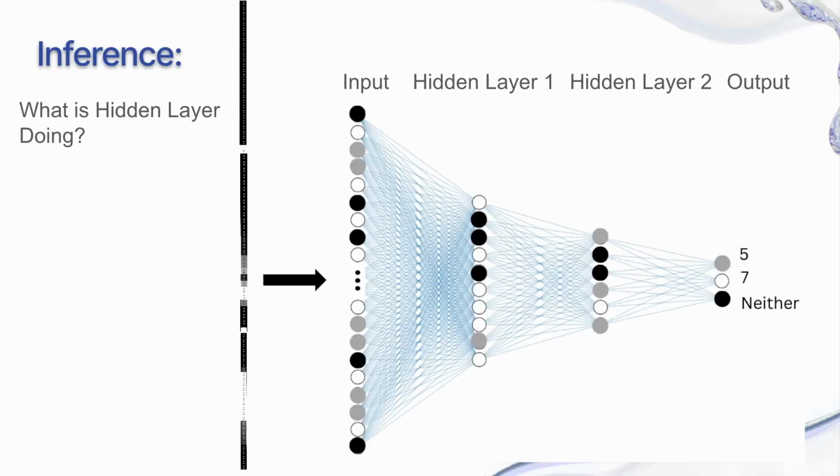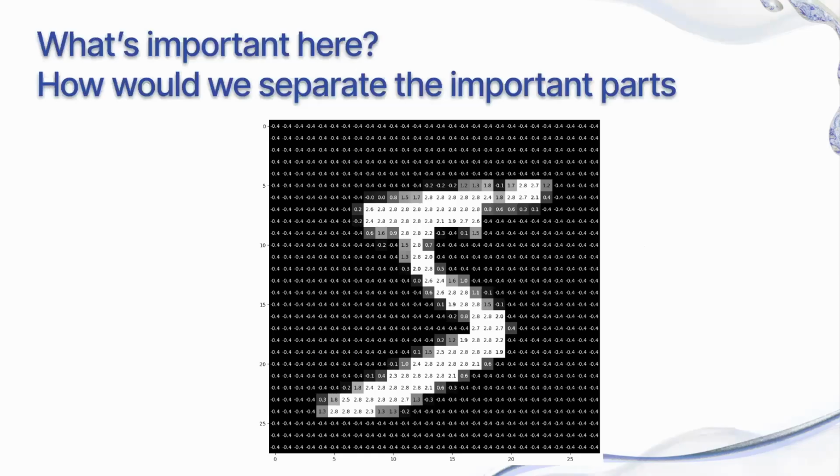So what is the hidden layer doing here? If we look at our image, how would you go about trying to process this image and extract important features? And what is the important feature here? Yeah, the white pixels are your important features.